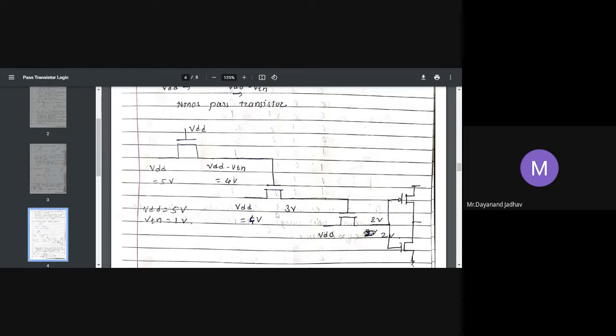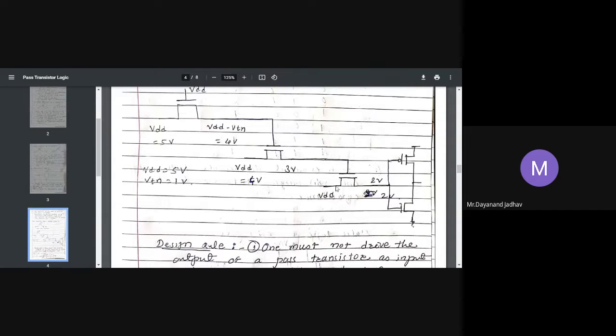Then 4 volt minus 1 volt, the output of the second transistor is 3 volt. Just like that, when we cascade the next transistor, M3, 3 volt is given as VDD, VTN is equal to 1 volt, therefore the output of the third transistor is 3 minus 1, which is equal to 2 volt.